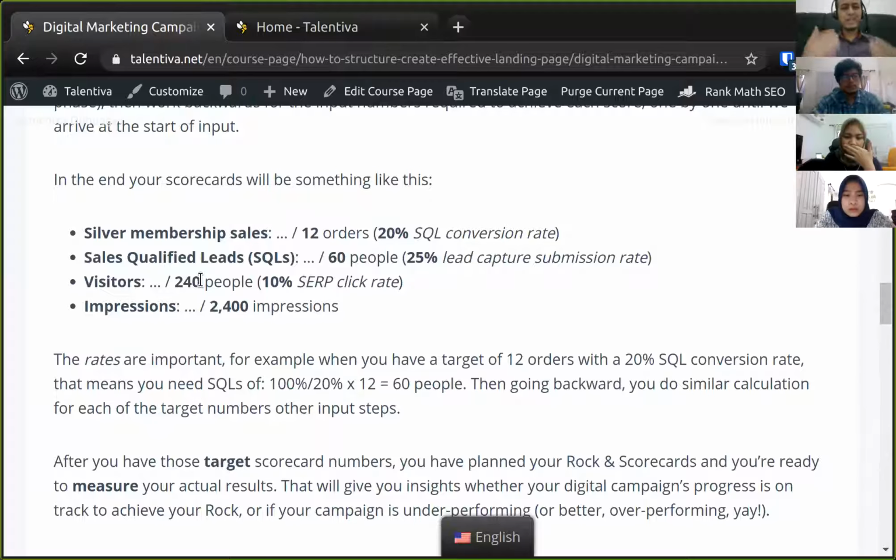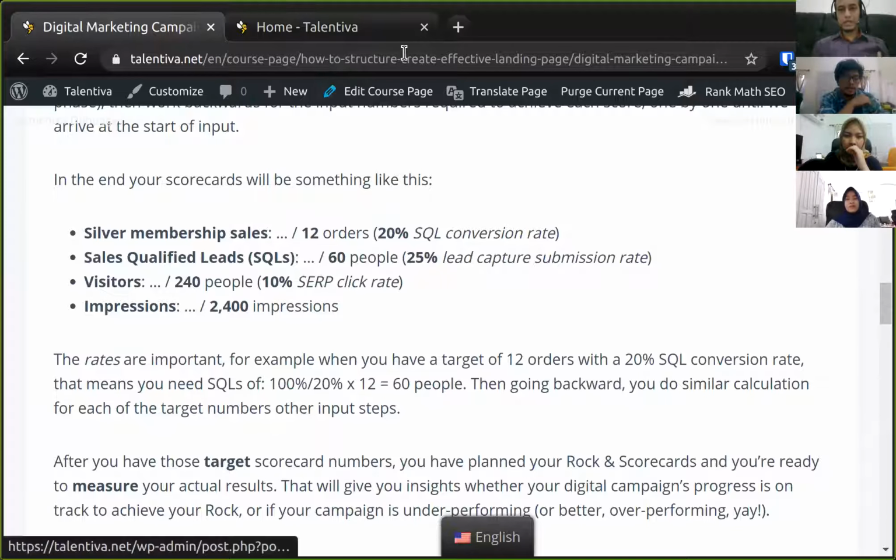So how do we get 240 people to visit our website? For example, we have a 10% SERP click rate. SERP means search engine result page.